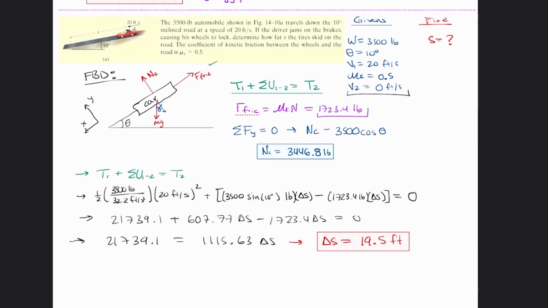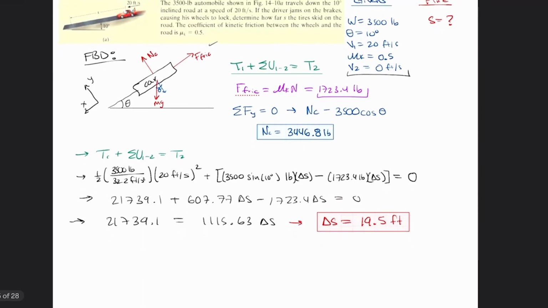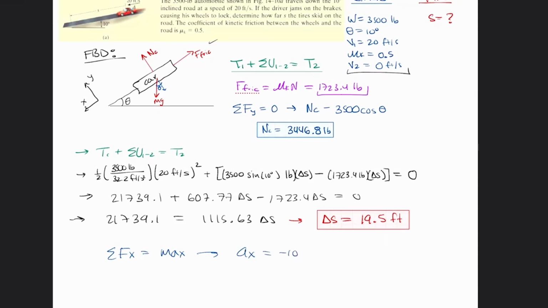Once again, you could have solved this problem using the kinematic equation. If we would have done the summation of forces in the x direction as we have it right here, this would have been mass times a in the x direction. We can find those forces right there. With this, we find the acceleration in the x to be negative 10.3 feet per second squared.